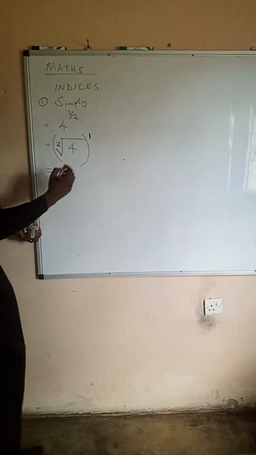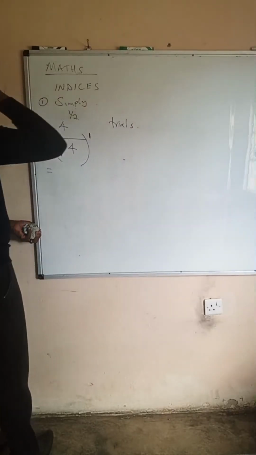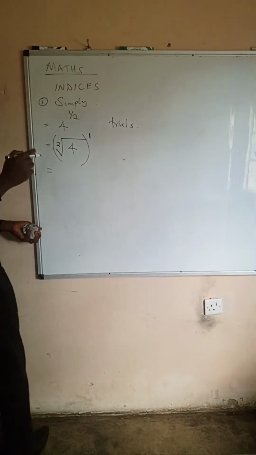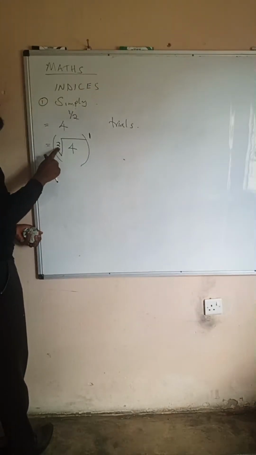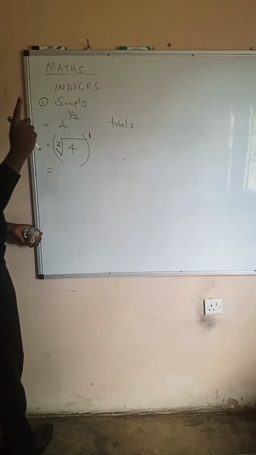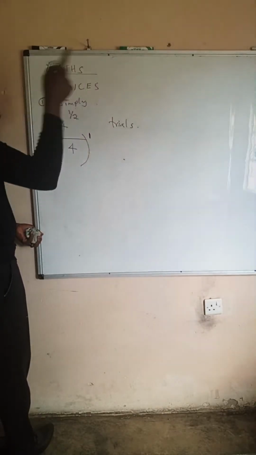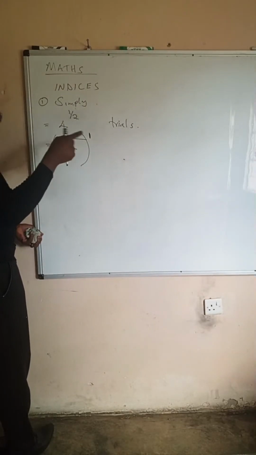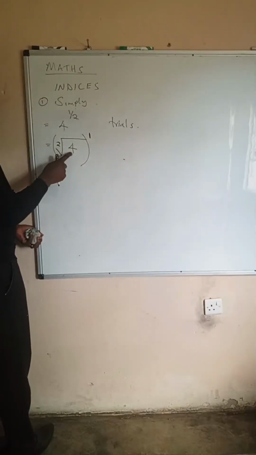Then you look for what we call trials. Trials mean you look for a number which, when you multiply that number by itself 2 times, gives you 4.